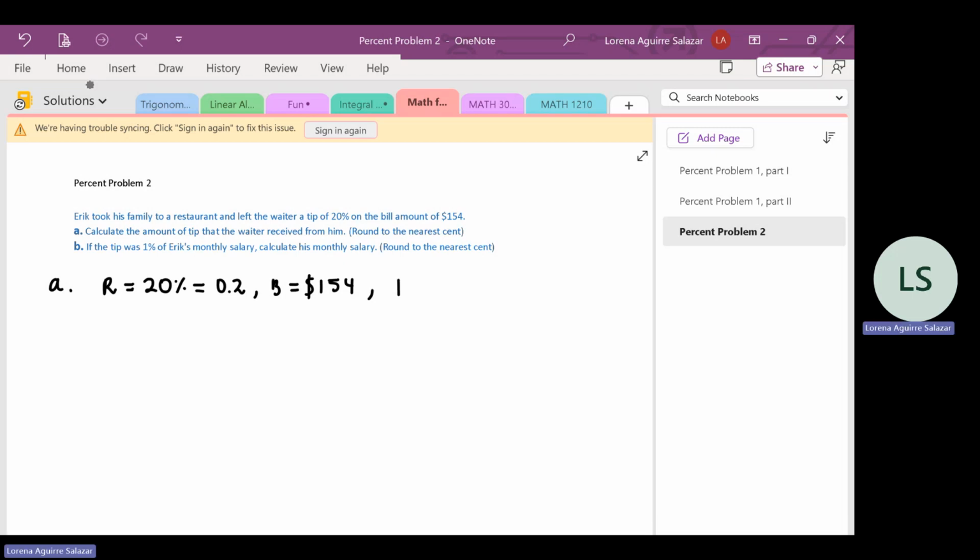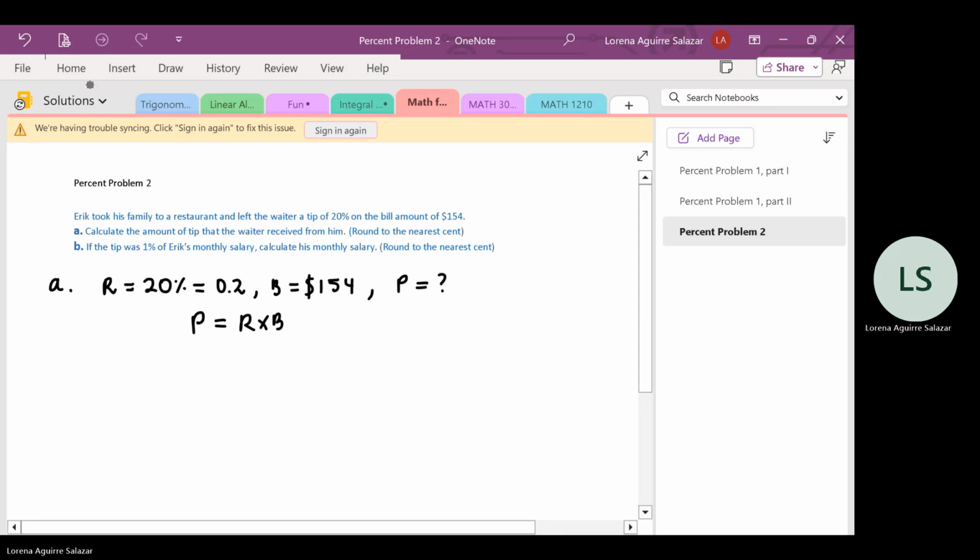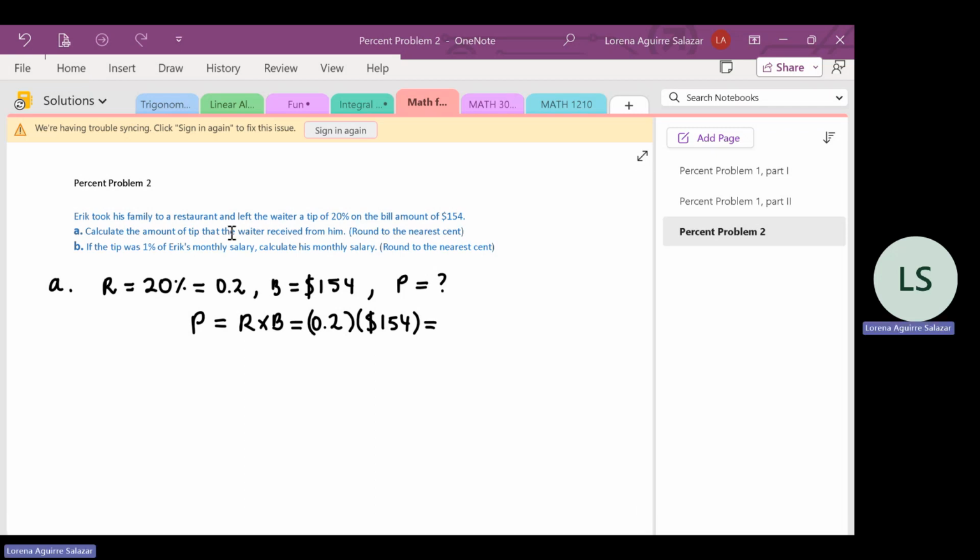So we need to find P. To find P, we use the formula P equals R times B. So we do 0.2 multiplied by $154. When we perform that calculation, we get the number 30.80. So $30.80 is the tip the waiter received from Eric.